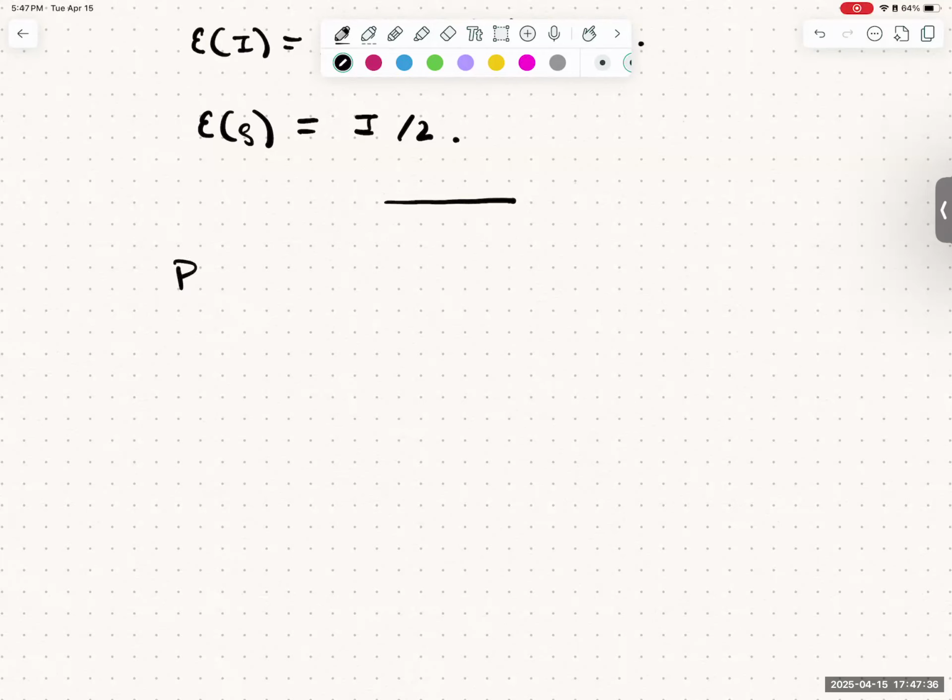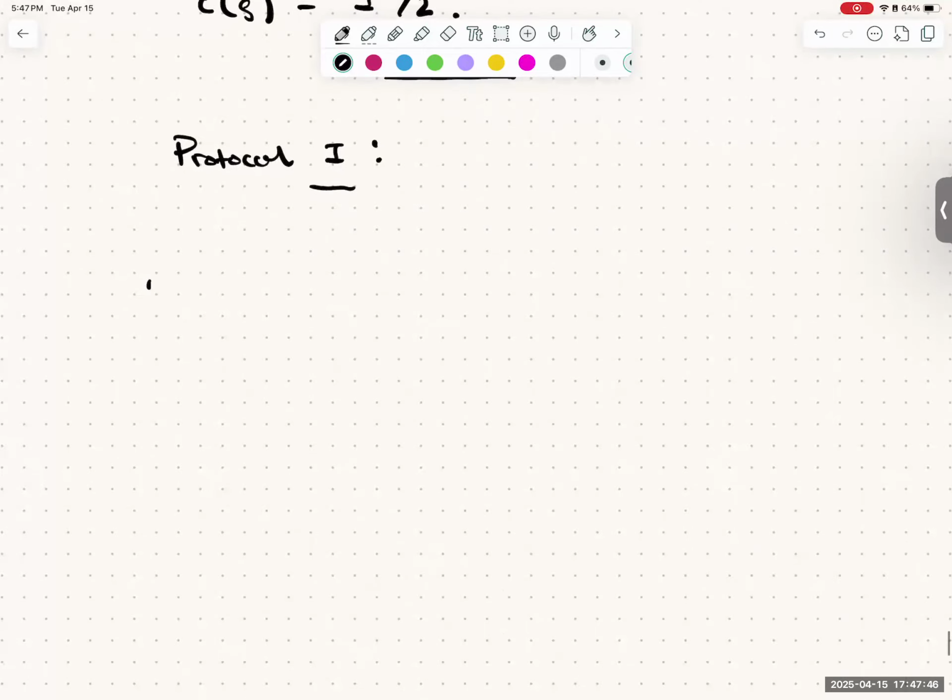Let's see the first protocol now that we sort of know what the one-time pad is. It will go as follows. The client encrypts each qubit with the quantum one-time pad.